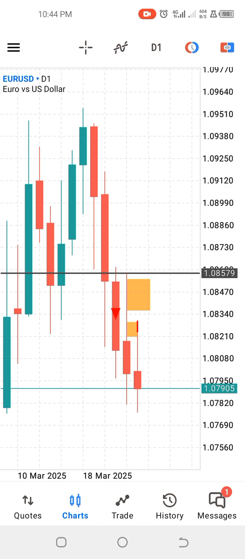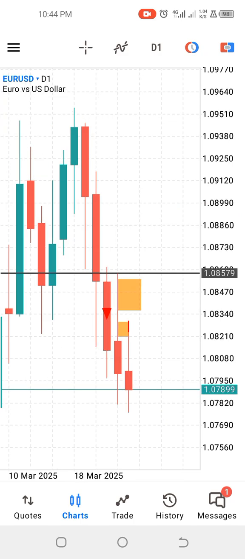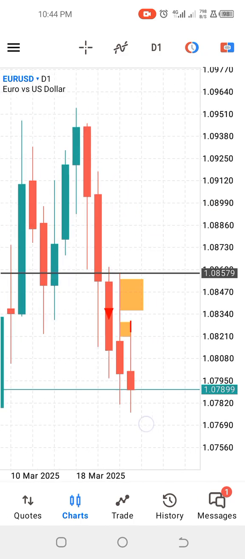Then I wait for price to get to those zones and get a reaction from those zones, after which I'll go to my 15 minutes or 5 minutes to get my confirmation before entry in that direction. So what do we see? I'll be using Euro USD as a case study for that.